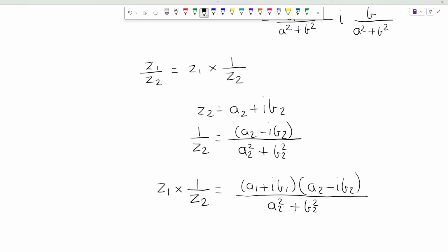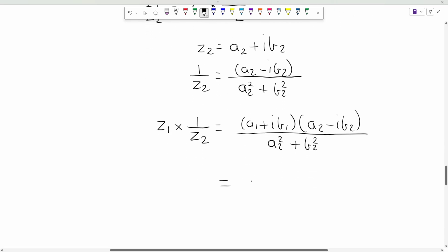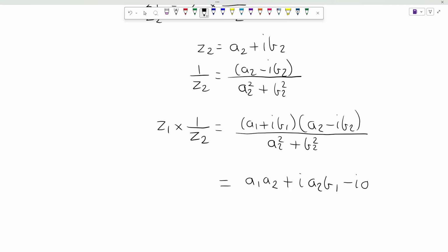So let us simplify this. So this will be a1 times a2 plus iota times a2 times b1 minus iota times a1 times b2 minus iota square times b1 times b2 all over a2 square plus b2 square.